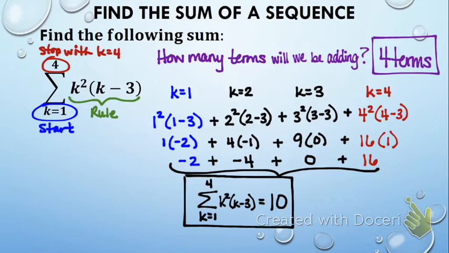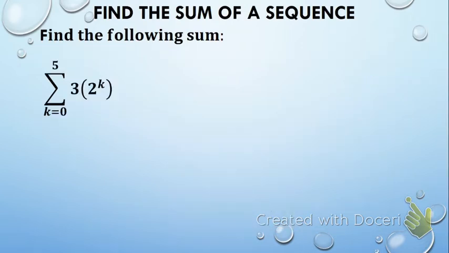I want to do a couple more examples like this. Where does our index start this time? Index starts with 0.